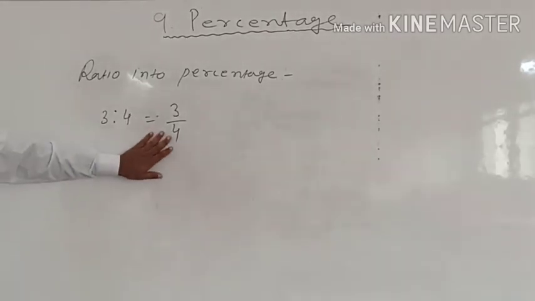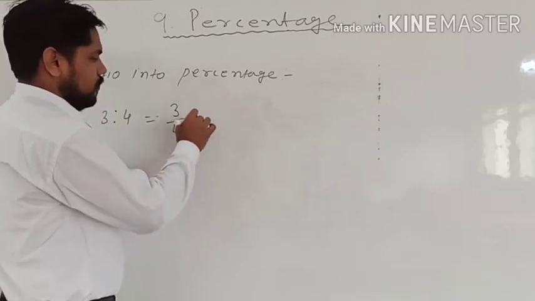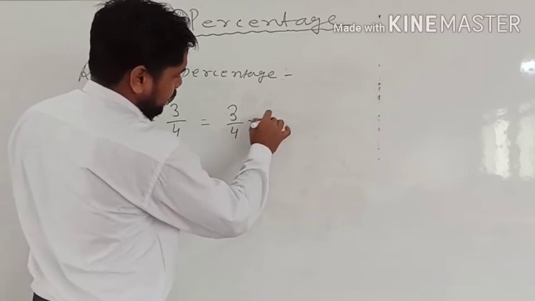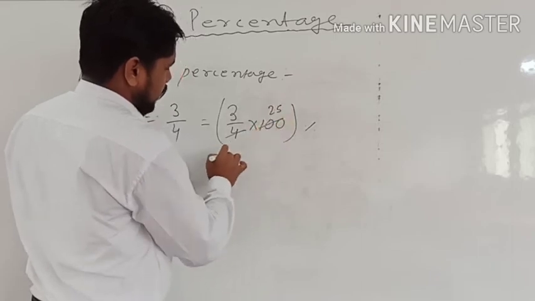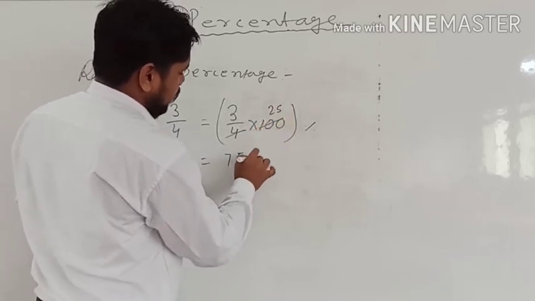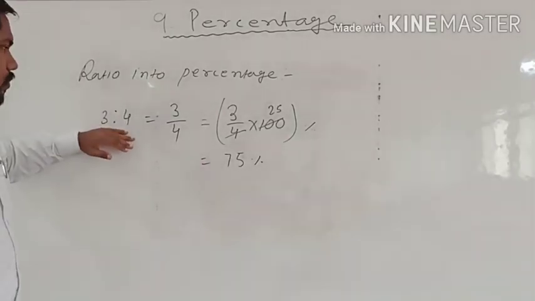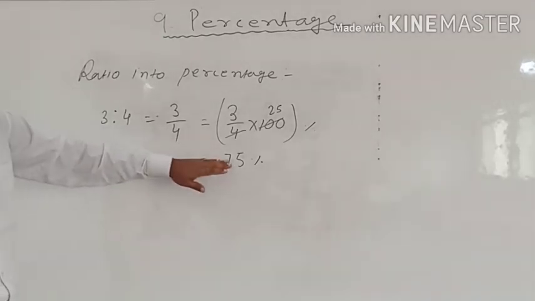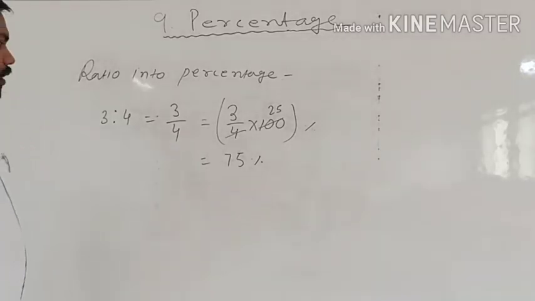Now we know how to convert a fractional number into percentage: we multiply with 100. So 3/4 multiply 100. 4 25s are 100, so 3 25s are 75%. So very simply, if any ratio is given, we will convert that into a fractional number first, and after that we know how to convert fraction into percentage.